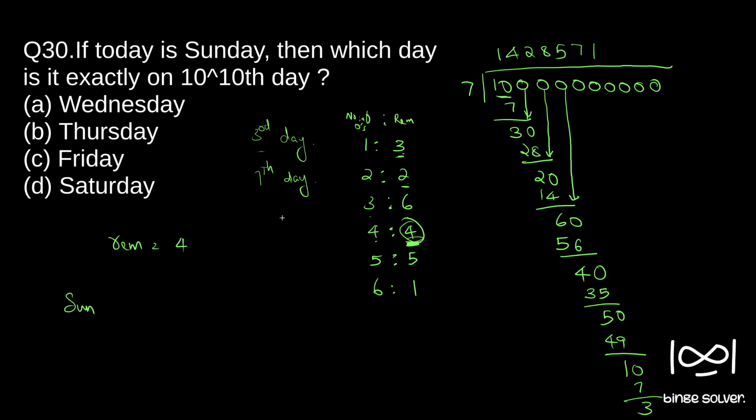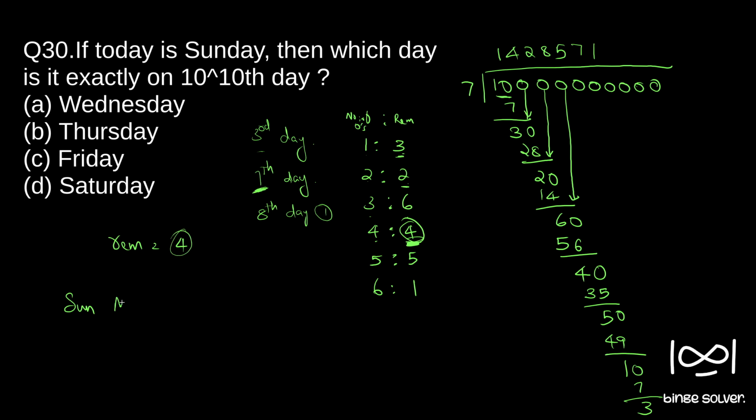That is the importance of having the remainder when dividing by 7. Whatever the remainder is. So the 8th day means just adding 1 to Sunday, and that will be a Monday. So we will just find the remainder and add it to Sunday to find the current day. We got our remainder as 4.